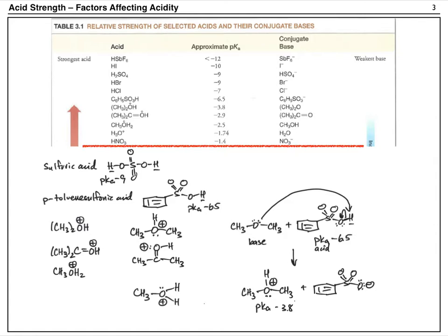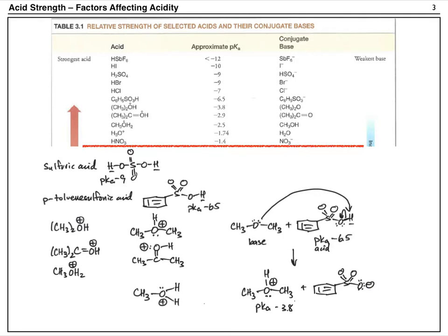So we would presume that this reaction occurs in the forward direction to favor the products, because this is a weaker acid-base pair here. So here's your conjugate acid, here's your conjugate base. Notice the plus is balanced out by the minus.